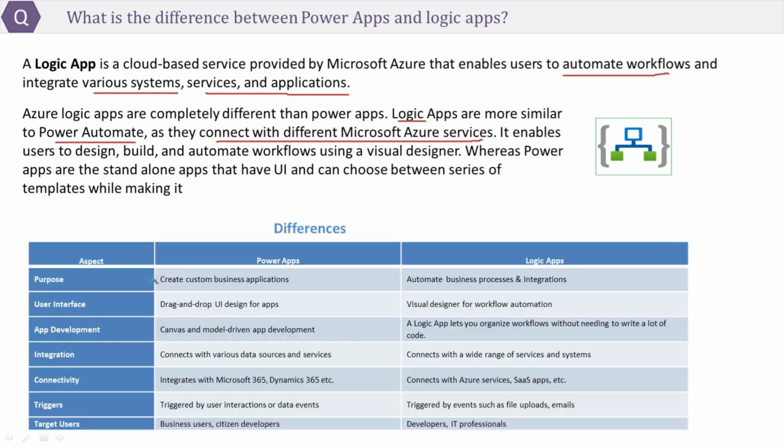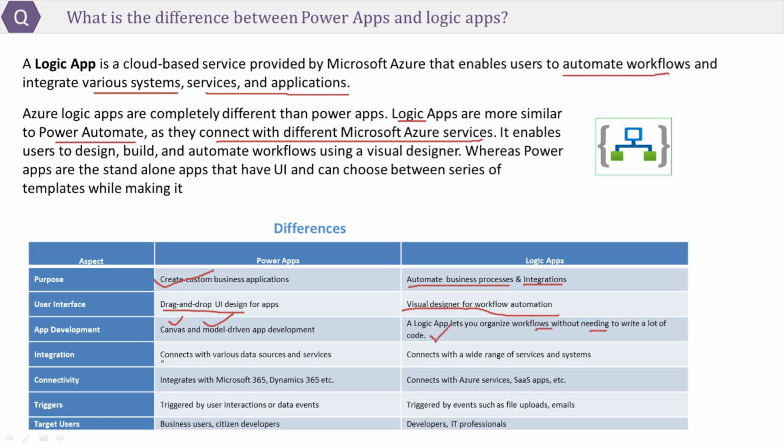With Power Apps, you can create custom business applications, whereas Logic Apps are used to automate business processes or integrations. In Power Apps, you have drag and drop UI design, whereas a Visual Designer is used for workflow automation. For app development, you can use either a canvas app or a model-driven app, whereas in Logic Apps, you can organize workflows without needing to write a lot of code.